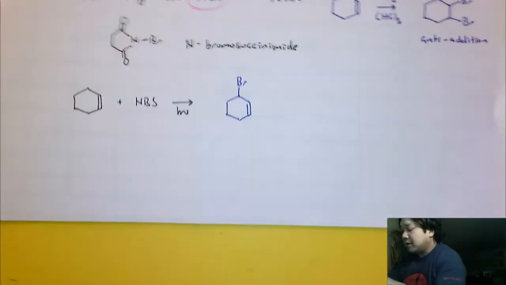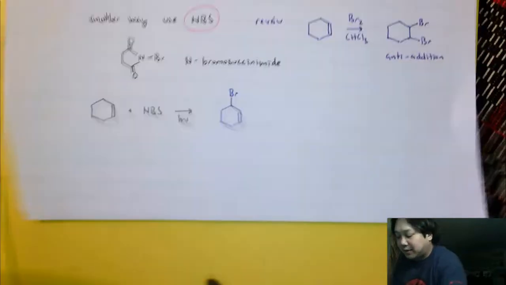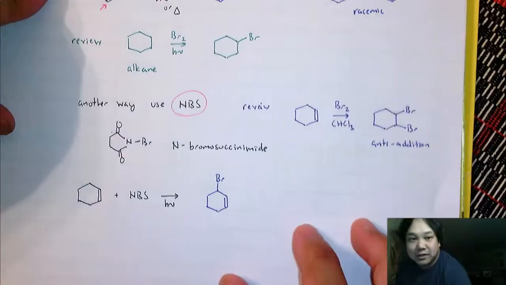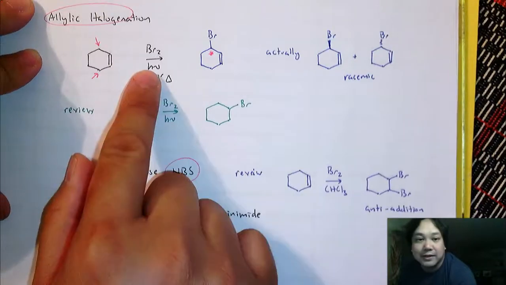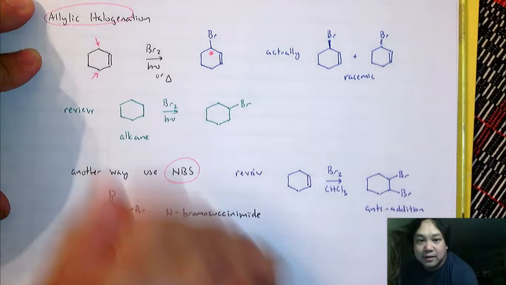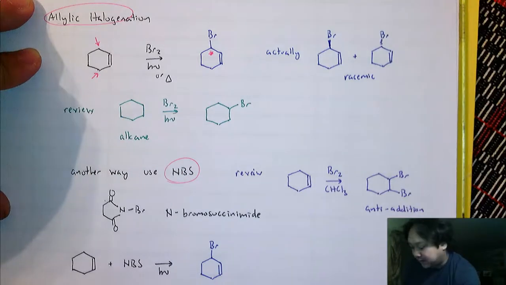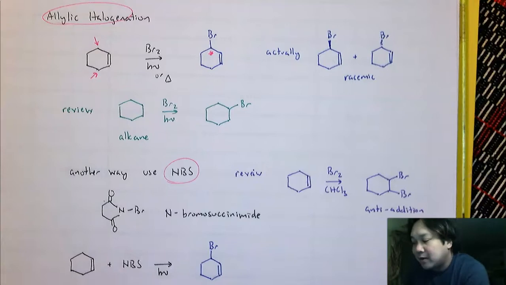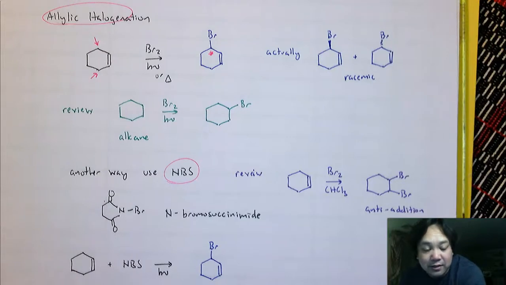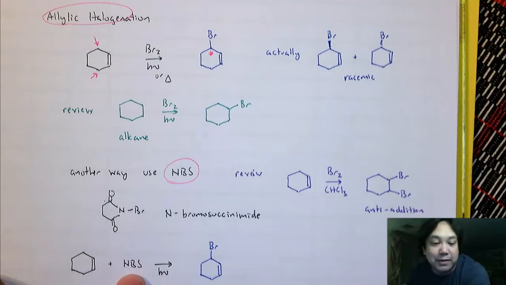Okay, so there are 2 ways, again, to do allylic halogenation. One way is with Br2 and light or heat, and the other way is down at the bottom with NBS. I would suggest that when you have a choice, like for a synthesis problem, and you have to say the reagent, I would use NBS.